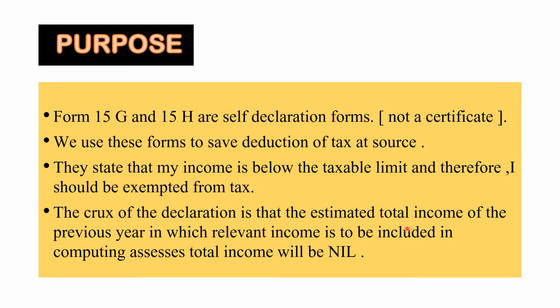The income will be taken of the previous year, and we are declaring in this form that my income of the previous year is not falling in the tax slab. That is why I don't need to get the tax deducted at source. These 15G and 15H are declarations which specify that we don't fall in that category, so we should be exempted from TDS.